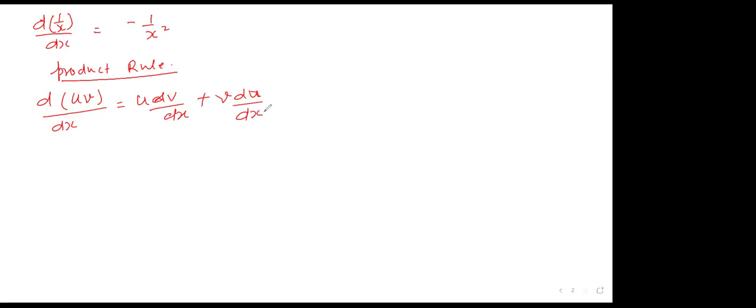U times dv over dx plus v times du over dx.